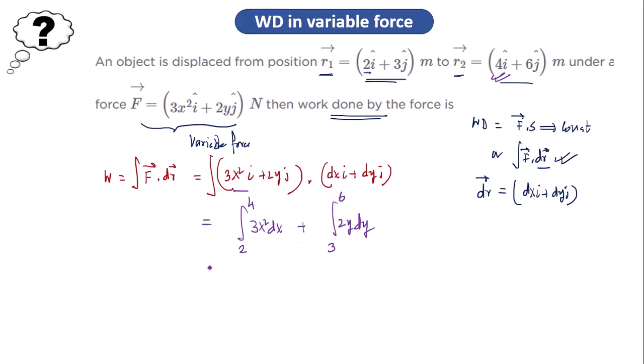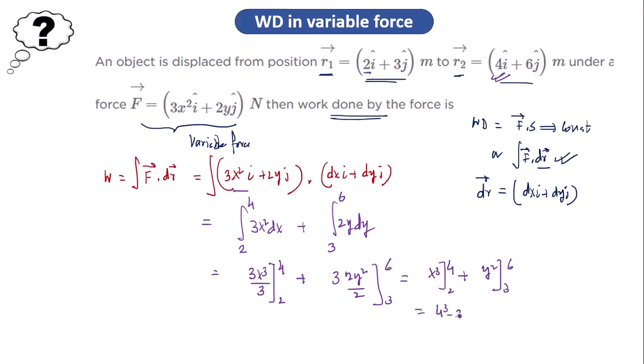Now we have to integrate it. So it is 3x cubed by 3, limit 2 to 4, plus 2y squared by 2, limit 3 to 6. So we are left with x cubed, 2 to 4, plus y square, limit 3 to 6. Finally, 4 cube minus 2 cube plus 6 square minus 3 square.